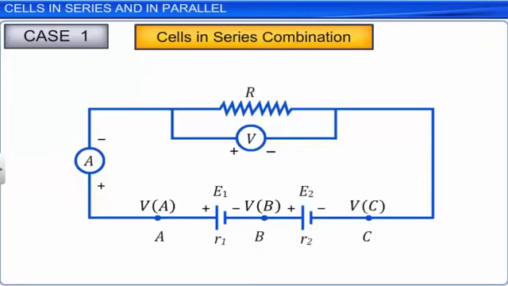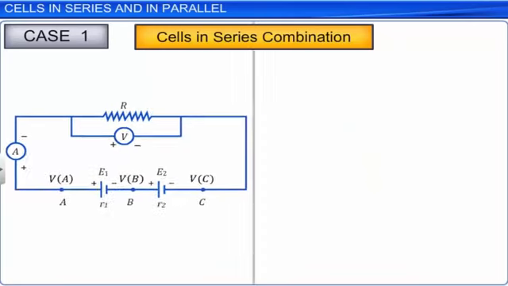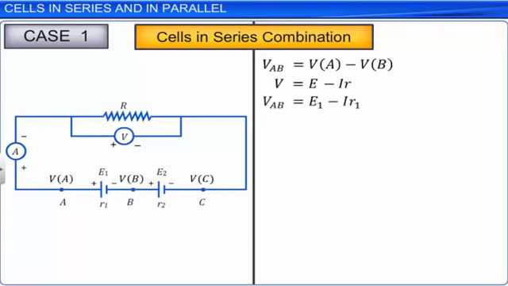VAB is the potential difference between points A and B, which also represents the potential difference between the positive and negative terminals of the first cell. We know that terminal voltage V is equal to E minus I into R. Substituting the corresponding expressions of cell 1 in this equation, we can now write VAB is equal to E1 minus I into R1.